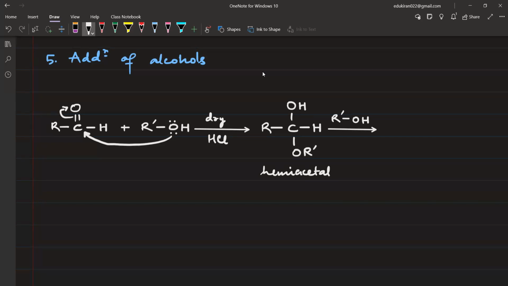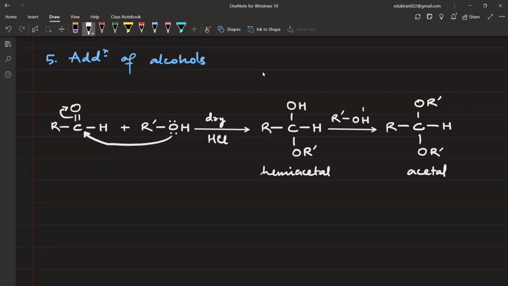It will pull the electrons and make the carbon atom delta positive. So this again will attack here. This OH and this hydrogen will leave as water, and you will get R group, this carbon atom attached with OR dash, and here also it is already attached with OR dash, bonded with hydrogen. This is known as acetal.